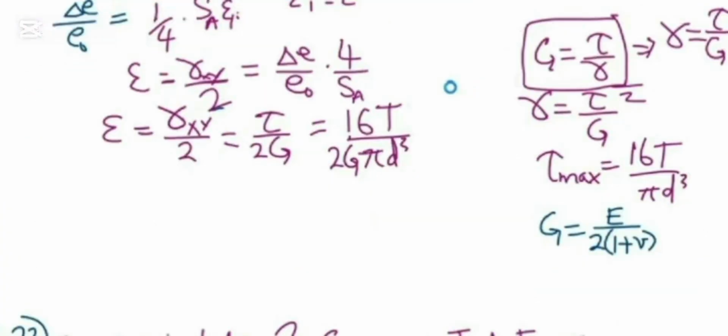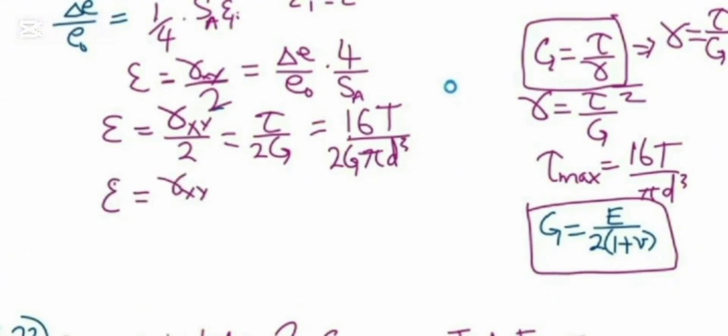Here, in this case, we don't have Young modulus. So there's a relationship between Young modulus and shear modulus. We use that, and at the end of the day, the normal strain is equal to half of the shear strain, which is equal to 16T.